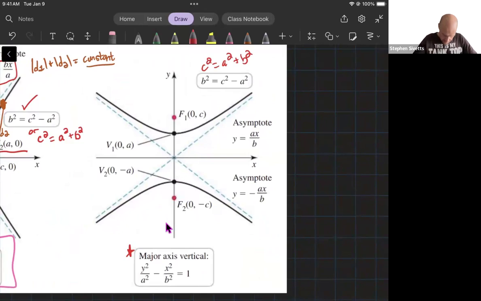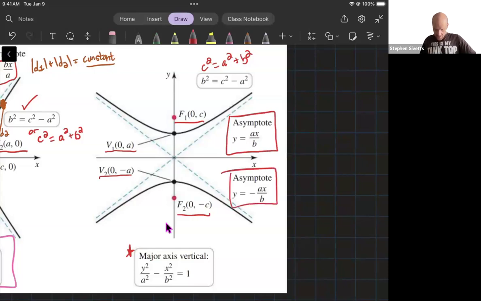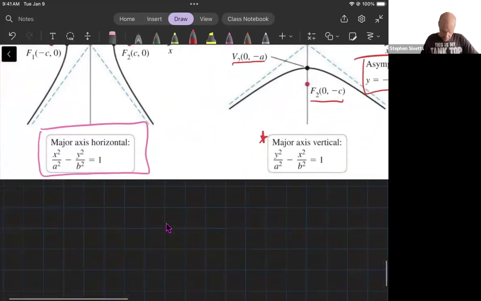And so these are the vertices, and then the foci are these points here on the outside. And the asymptotes this time are y equals plus or minus a over b x. Okay. So let me go over one example.